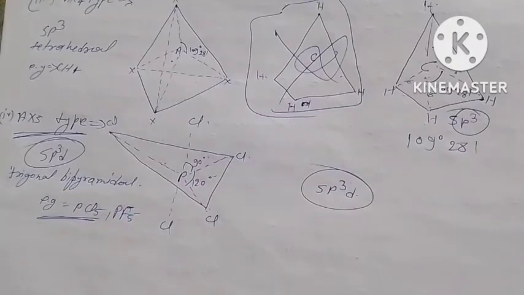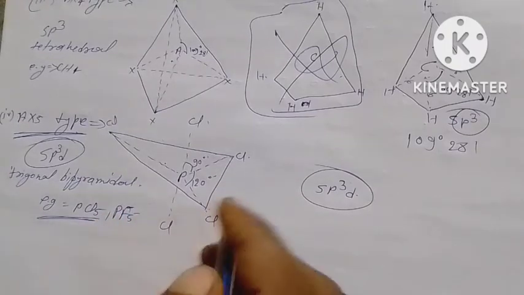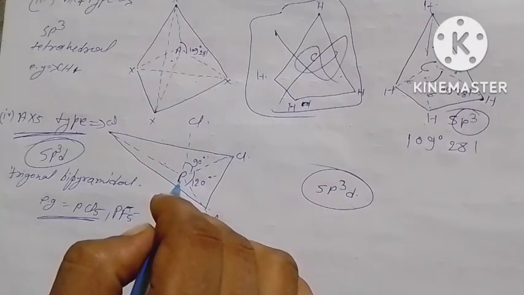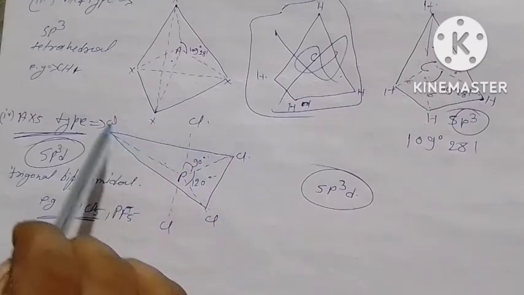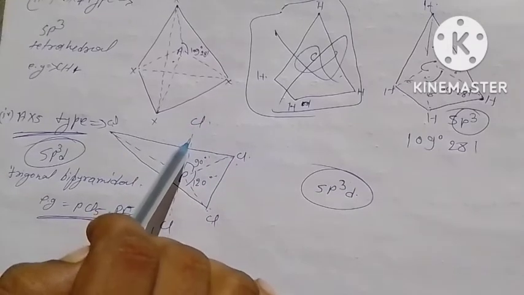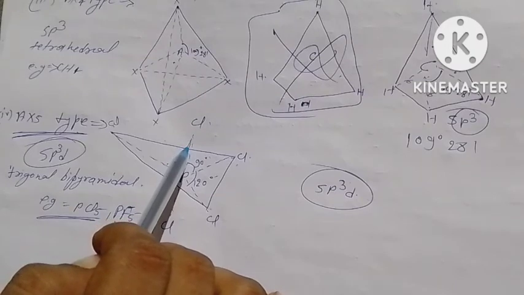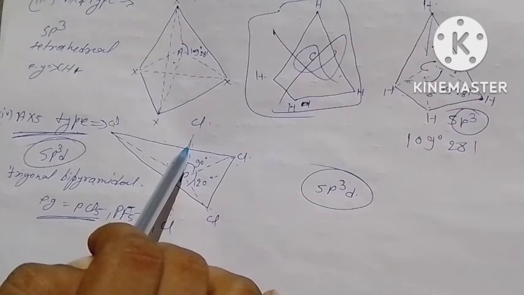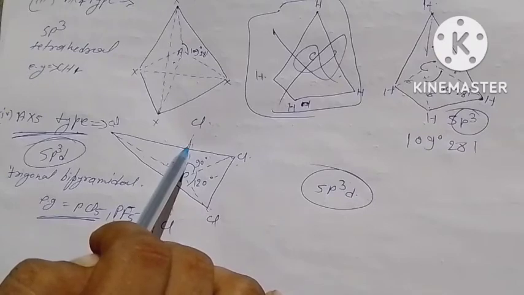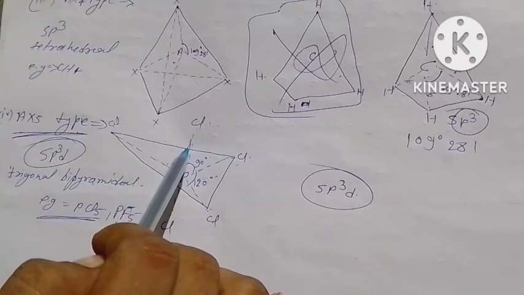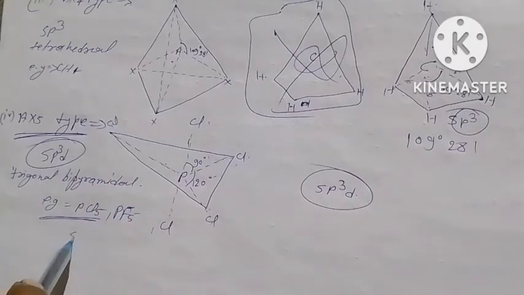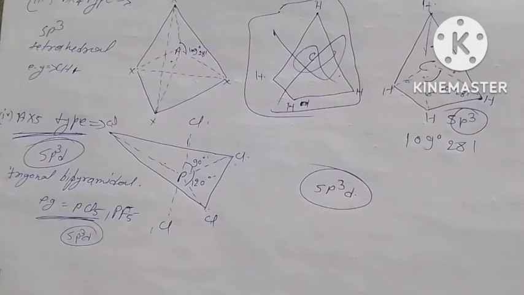In PCl5, the central atom is phosphorus. Phosphorus forms covalent sigma bonds with 5 different chlorine atoms. Hybridization in PCl5 is sp3d.